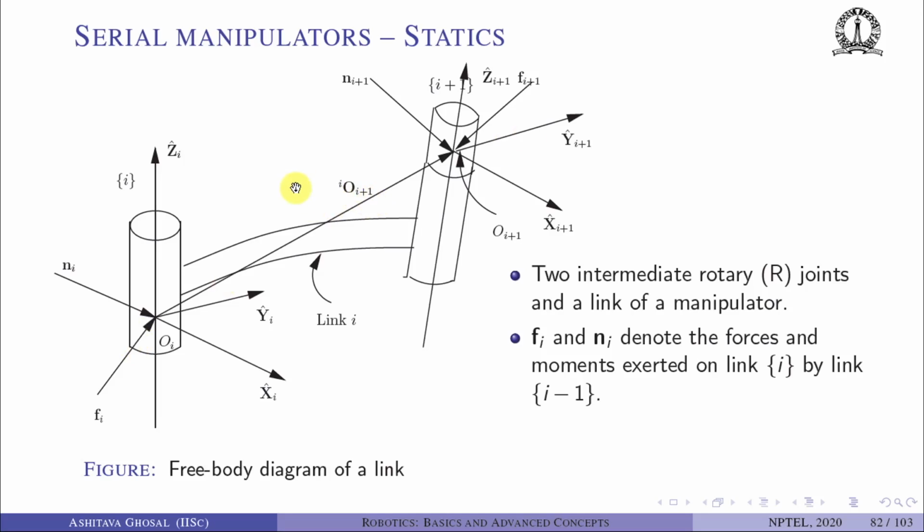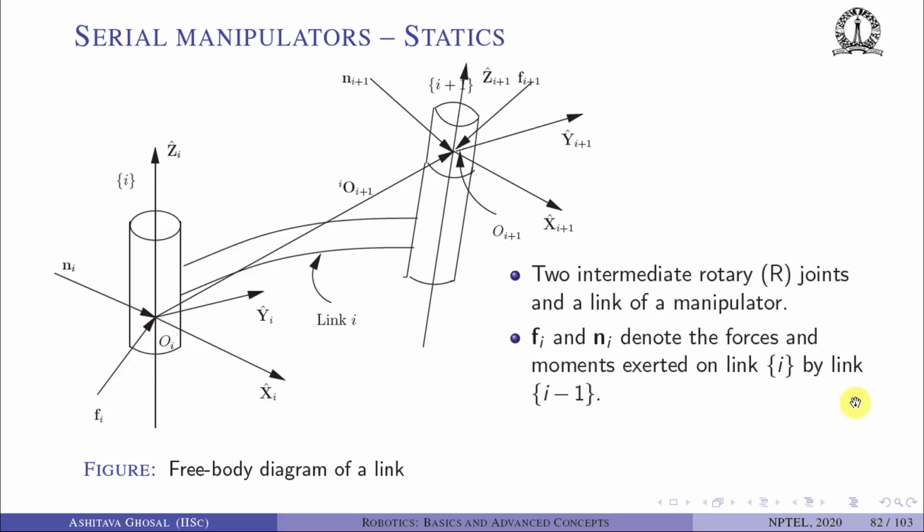Now let's show all the forces and moments which are acting on this link i. We will denote all the moments which are acting on link i by N i, the bold-faced symbol N i, and all the forces which are acting on link i by F i. So what is this N i and F i when you draw the free body diagram? These are the forces and moments acting on link i from link i minus 1.